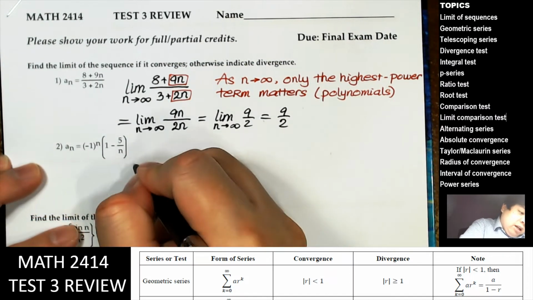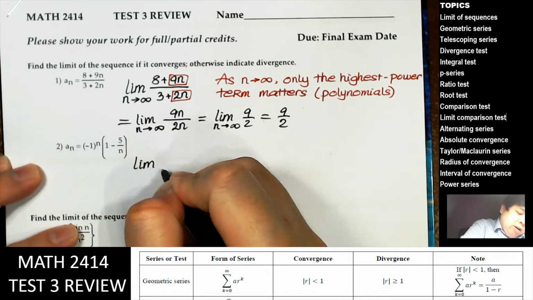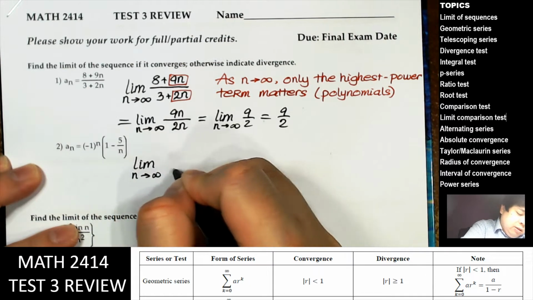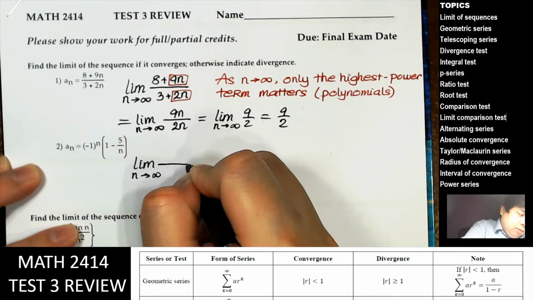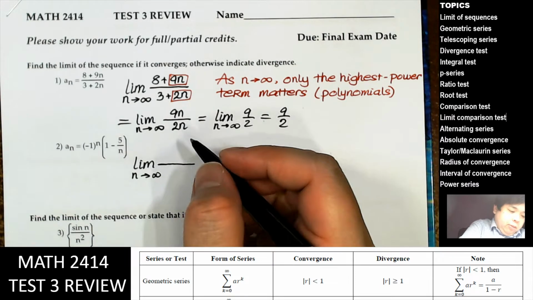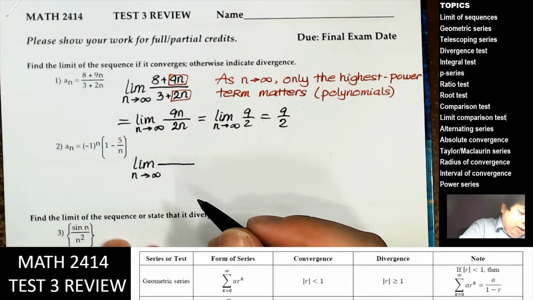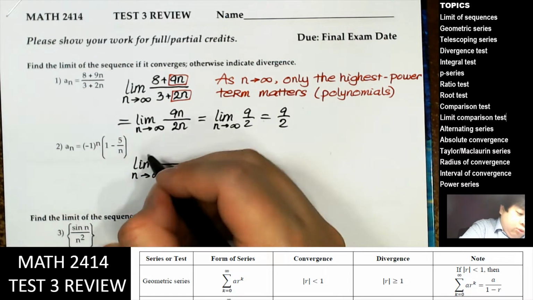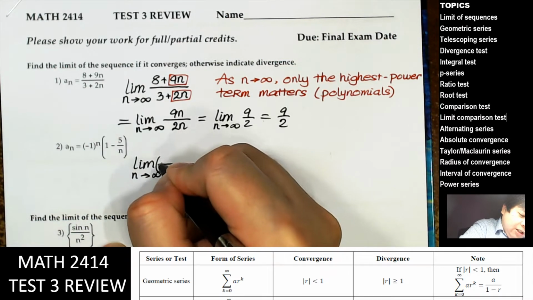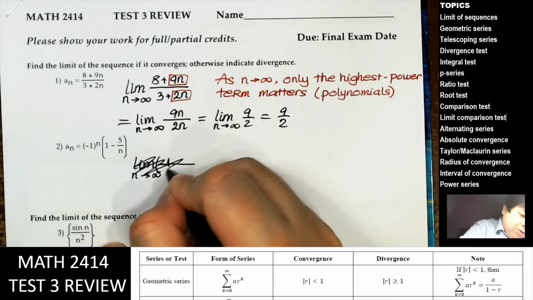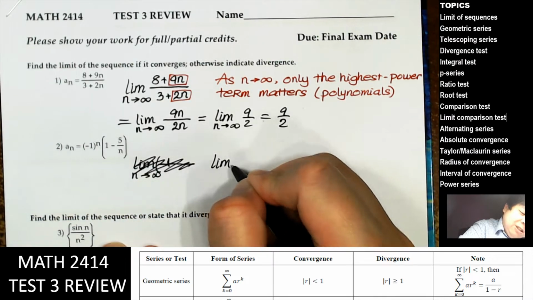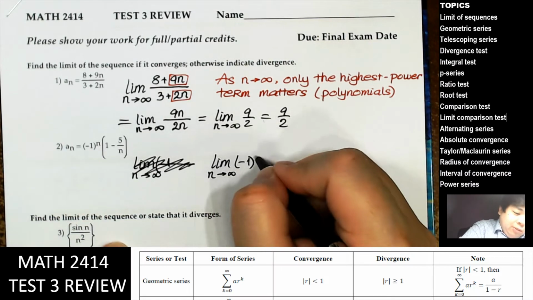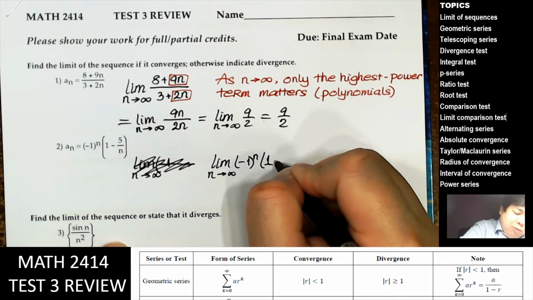We take the limit, find the limit as n goes to infinity. We have -1. Let's just write that again. (-1) to the n power times (1 minus 5 to the n).